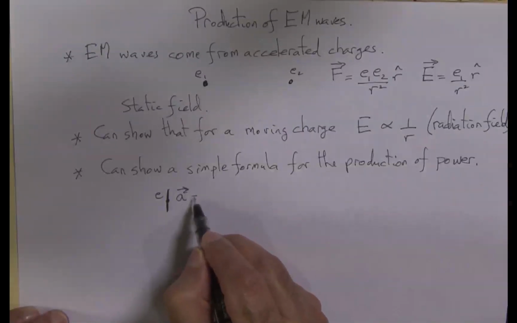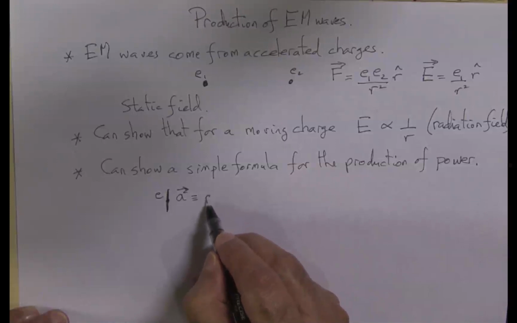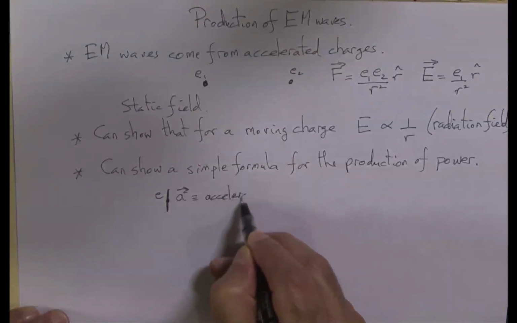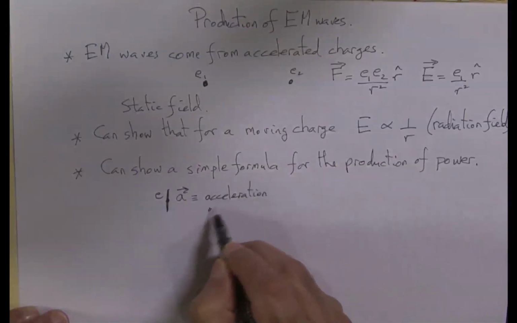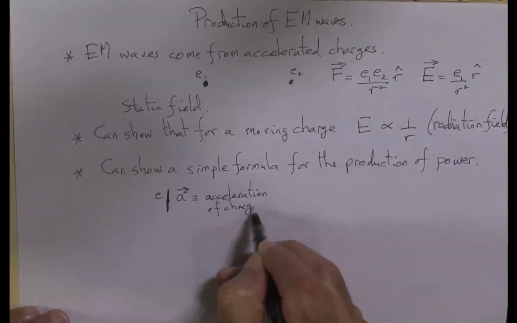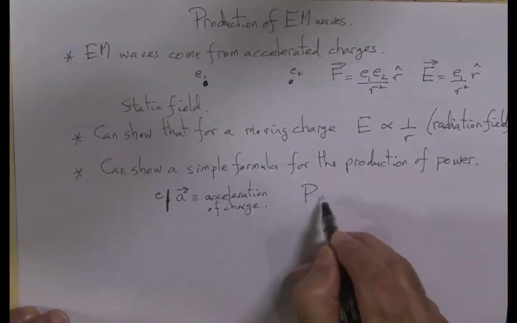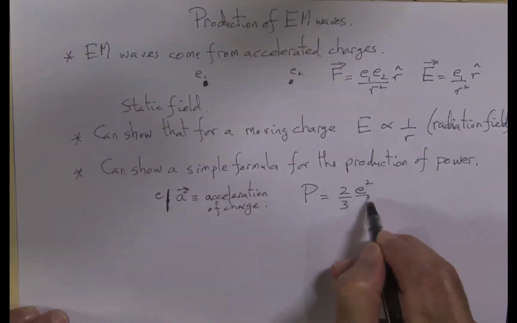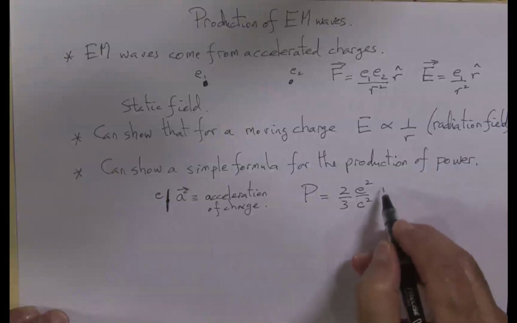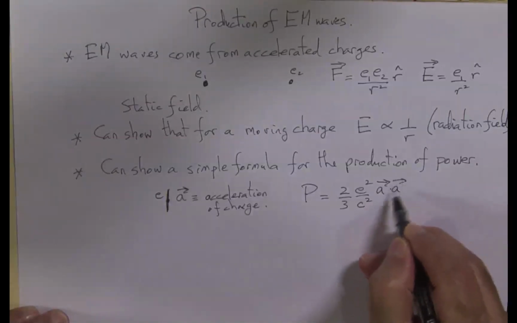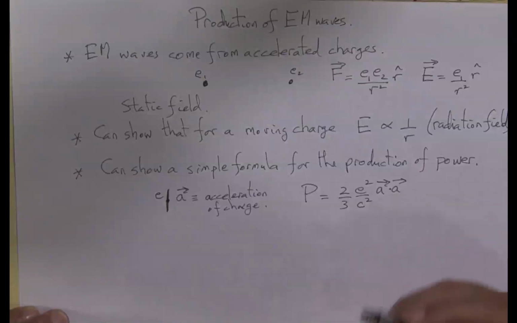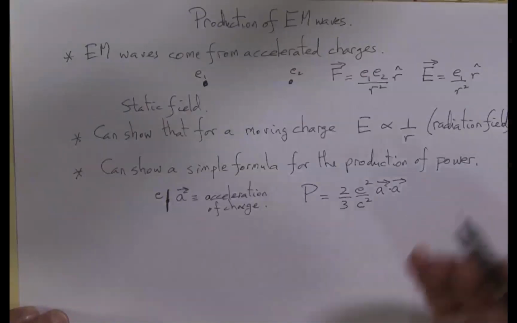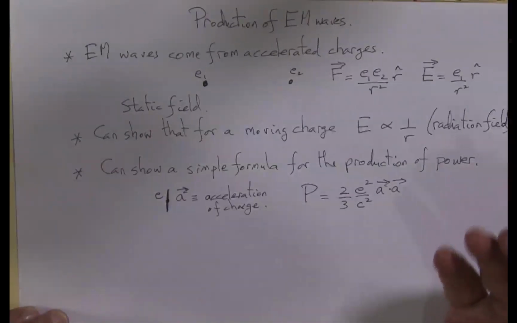In other words, a is the acceleration of the charge. Then the radiated power is 2/3 the square of the charge over the speed of light cubed into a dot a. So as I said, we're not going to prove this. This is something that comes out of a calculation, which we're not going to do.